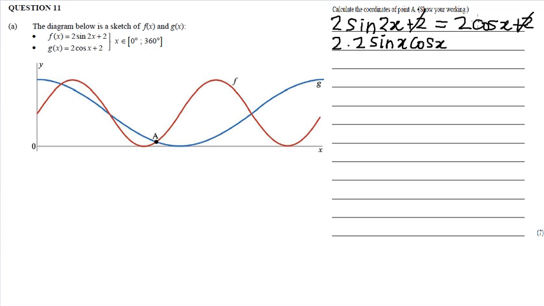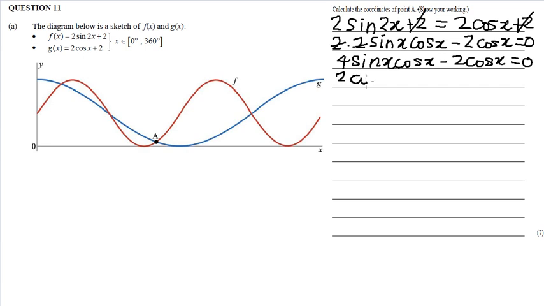We can now move the 2 cos x across, and that becomes minus 2 cos x is equal to 0. 2 times 2 sine x cos x becomes 4 sine x cos x minus 2 cos x is equal to 0. We can now factorize this by taking out a common factor of 2 cos x.